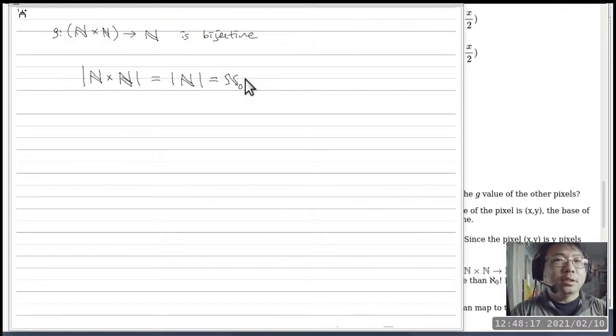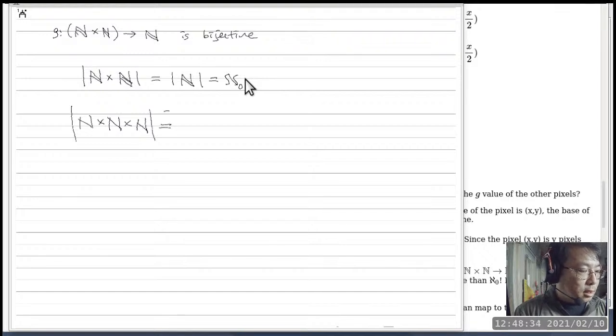Then what about the three-dimensional space? From here on, I'm just going to use a normal N, because it takes extra time to write these funny N's. So what about this domain? If I look at the cardinality of this domain, does it equal the cardinality of natural numbers?